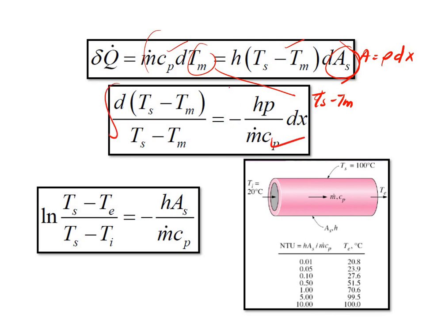Integrate both sides, you will get ln and also this term. Basically this one is the NTU. To know the NTU, you can substitute this value, this value, this value, and this value.